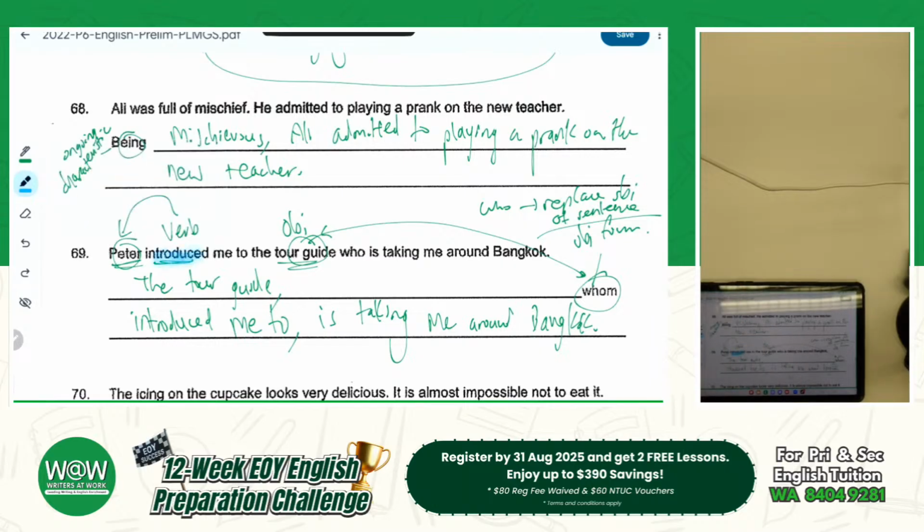So the person who is engaging in the action, who is engaging in the verb, will be considered subject of the sentence. Whereas the person who is at the receiving end of this particular action will be the object of the sentence. Okay? I'm not saying that the person is an object. I'm saying that he's the recipient of the action and therefore he's considered, in our grammar terms, object.